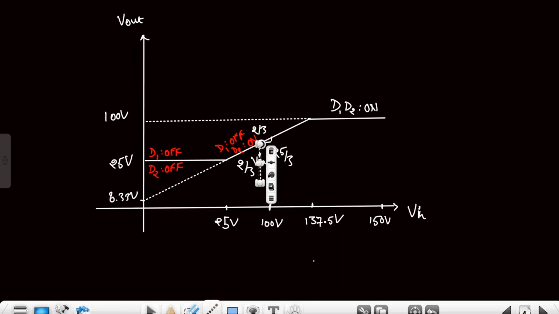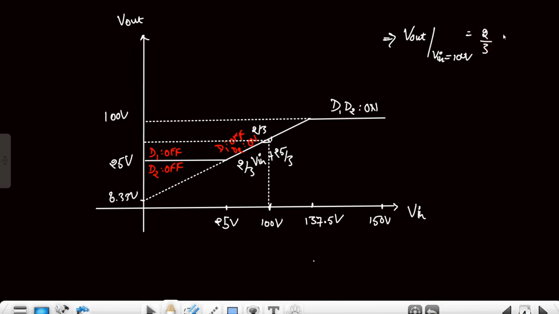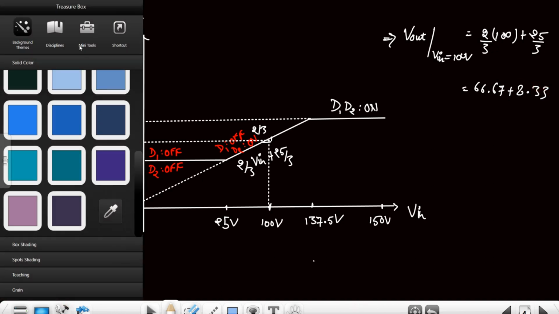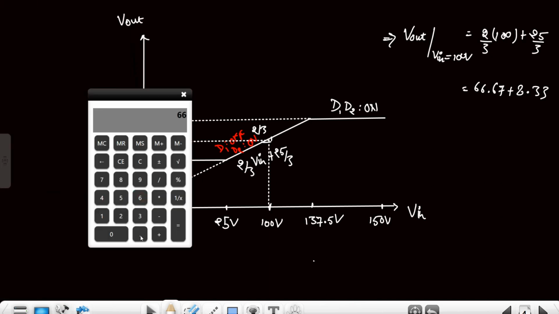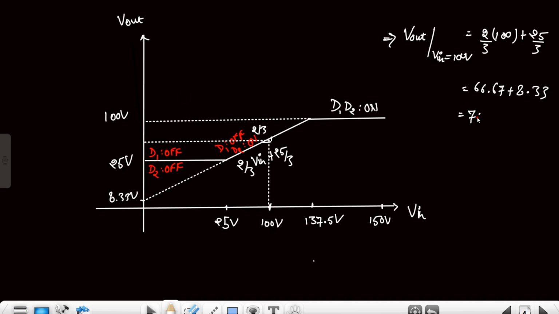So V out for input equal to 100 volts is simply 2/3 into 100 plus 25/3. So 2/3 of 100, that is 33.33 into 2, is 66.67, plus 8.33, that is 75. Wow, an absolute value, we have got 75.